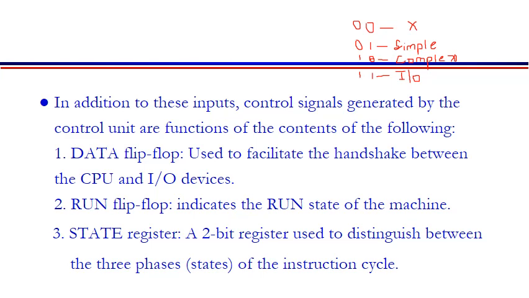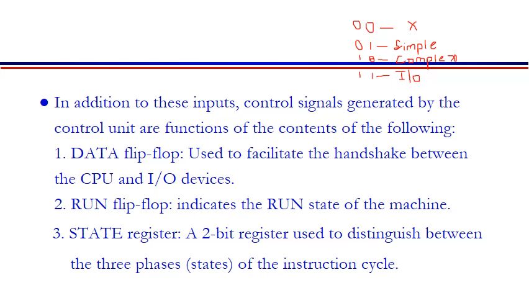If the instruction is a simple data transfer instruction, that is, we are moving data from one memory to the other memory, it is related to the simple instruction. So the status of the 2-bit state register will be 0 1.